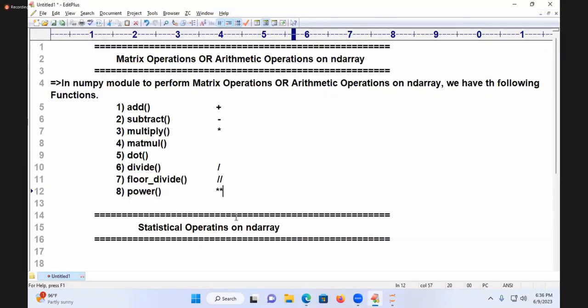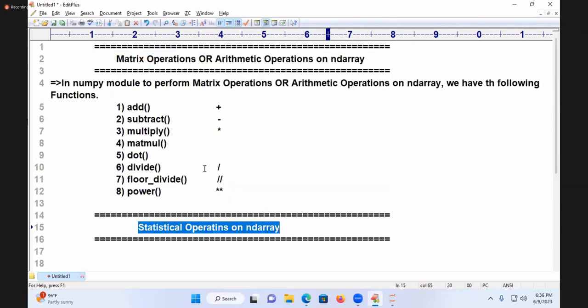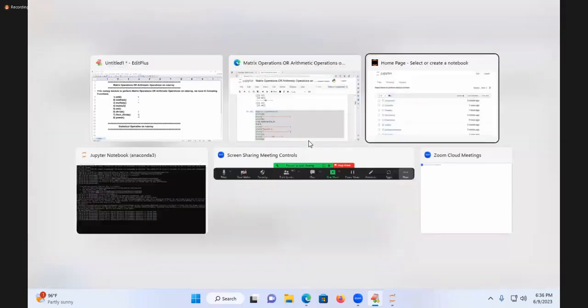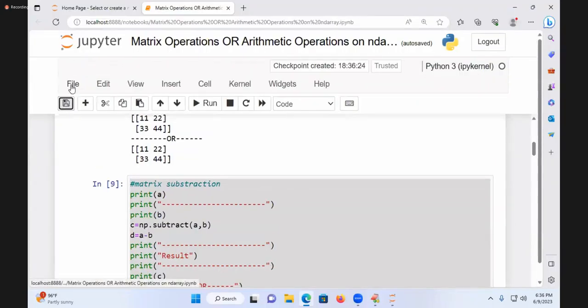Next, I would like to go for statistical operations on ND array. Statistical operations are very important. All are important; you'll come across them in our data science programming. NumPy is mandatory for everybody to remember. Now let us move to one more type of thing. I'll go to the next file. Let us save everything.